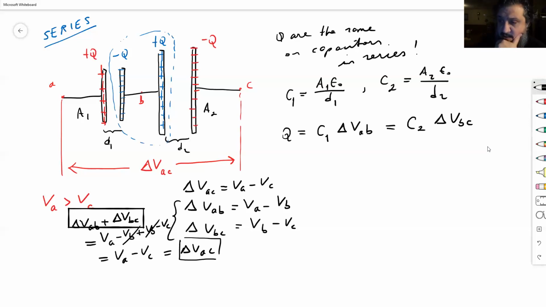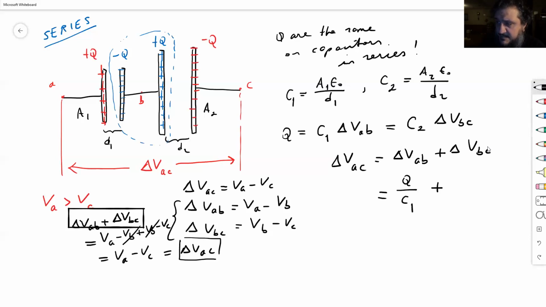So delta VAC is equal to delta VAB plus delta VBC. Now, according to this equation here, delta VAB is nothing but Q divided by C1. And delta VBC is equal to Q divided by C2.